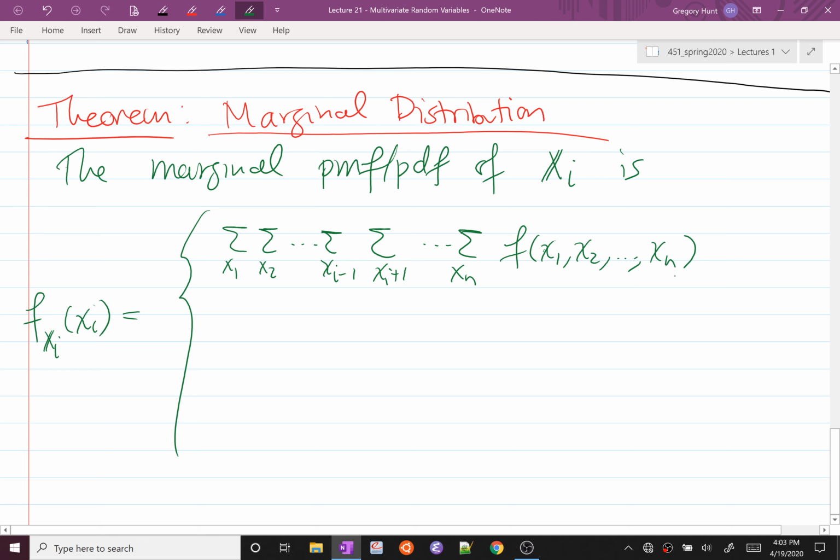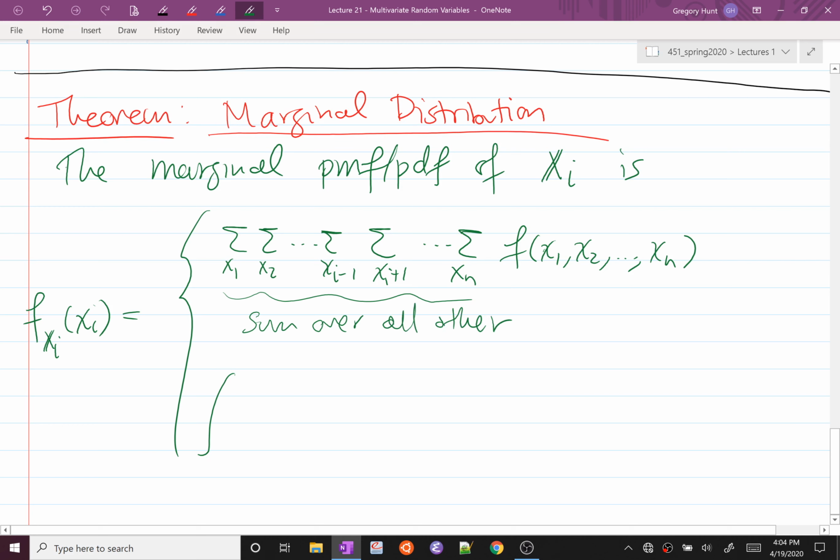So in the discrete case, if we wanted the marginal of x, we would sum over y. If we now want the marginal of x sub i, we sum over all the others.